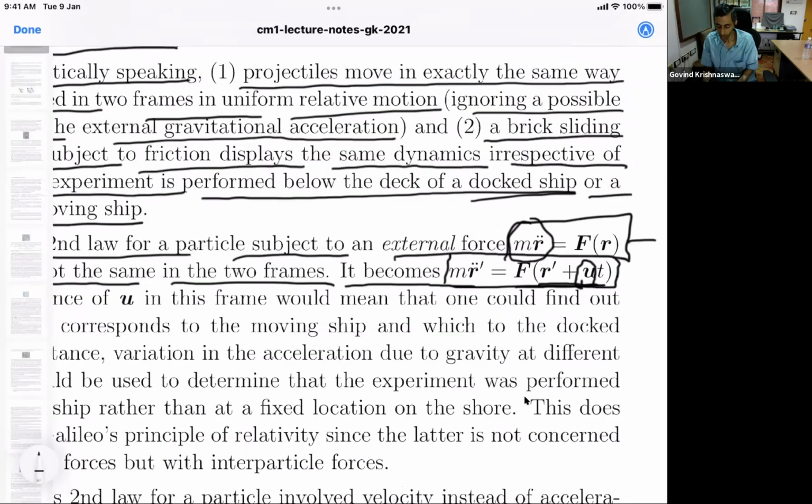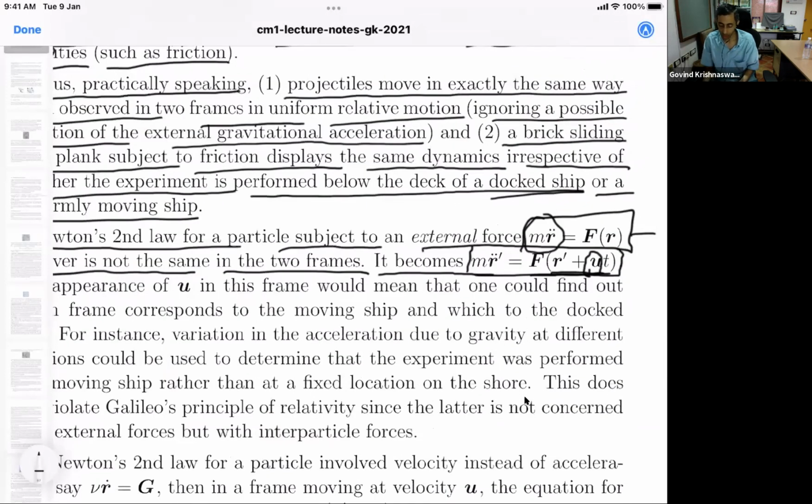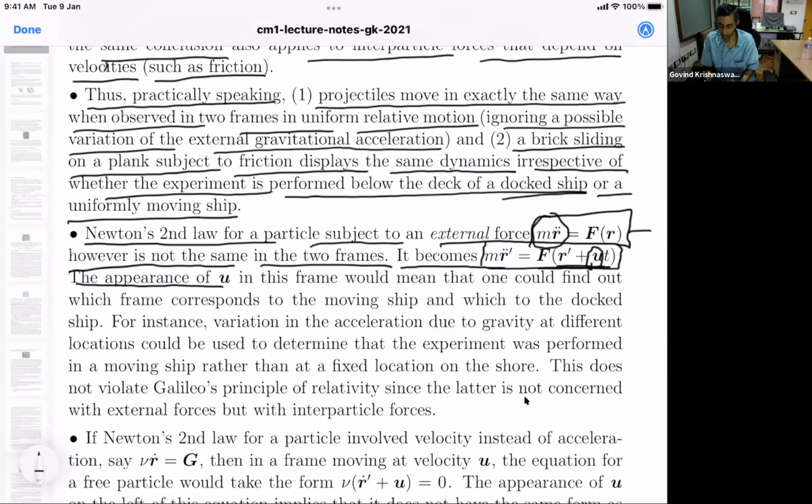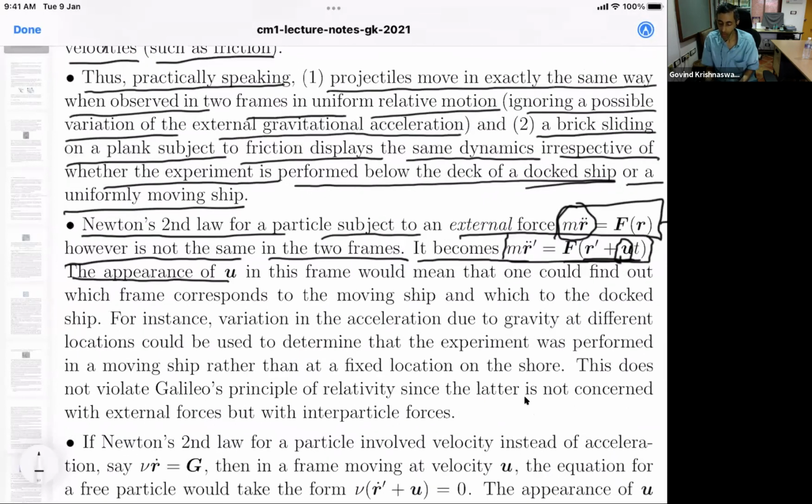So the appearance of u in this primed frame equation of motion would mean that one could find out which frame corresponds to the moving ship and which to the docked ship. And to make this very concrete, let us suppose you have a ship that is moving on the surface of the earth, and in different places of the earth, there is slightly different acceleration due to gravity, which is now an external force.